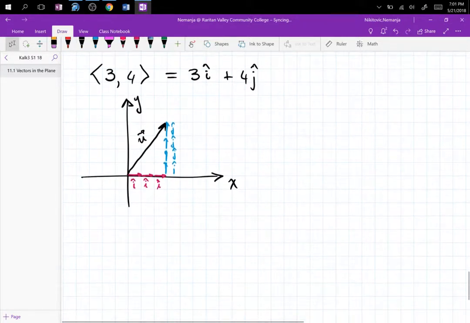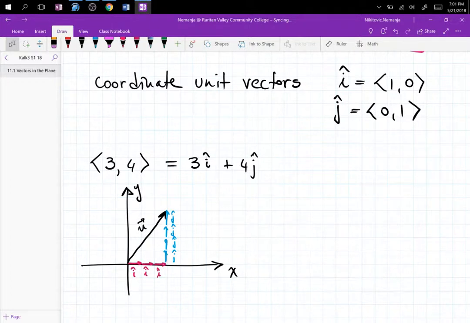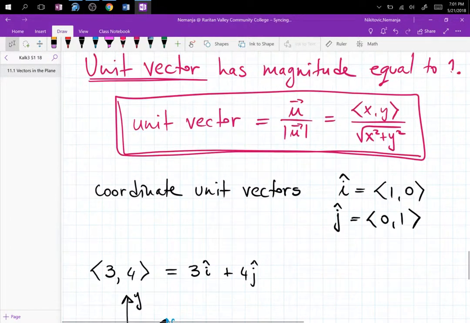Now, clearly, vector i has a direction of 0 degrees, and vector j has a direction of 90 degrees, or pi over 2 radians. But the formula over here, in red, indicates that we can have a unit vector in any direction we want, because any vector can be turned into a unit vector.